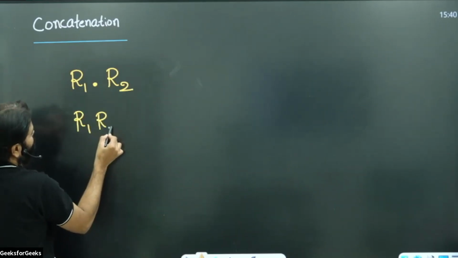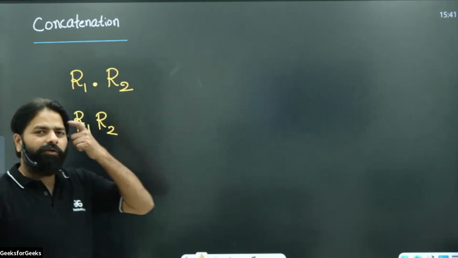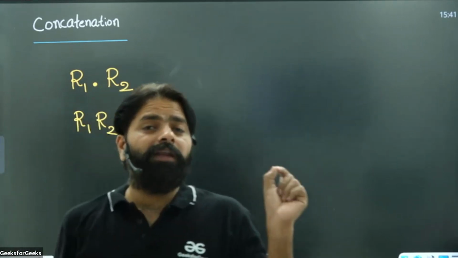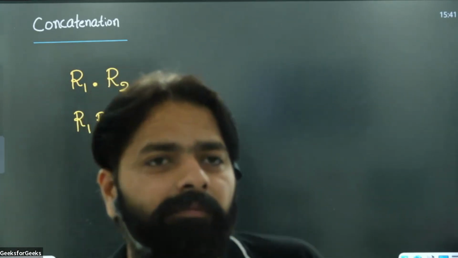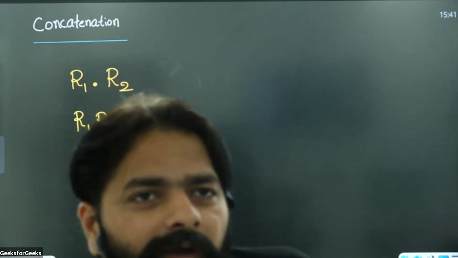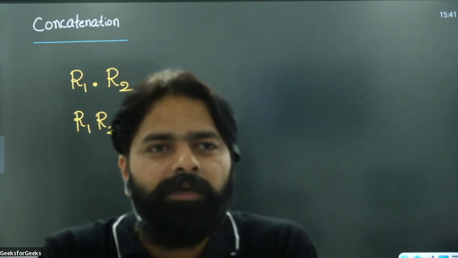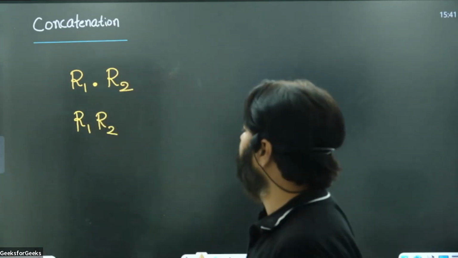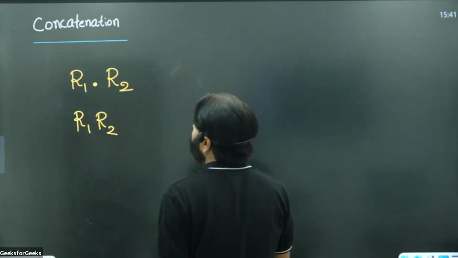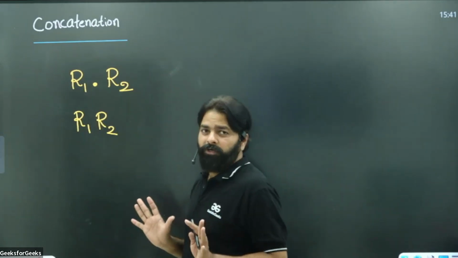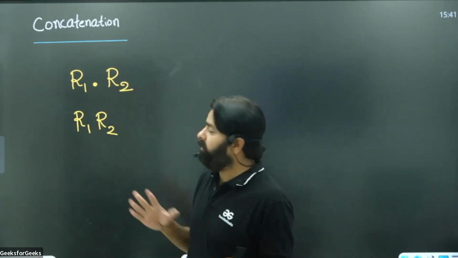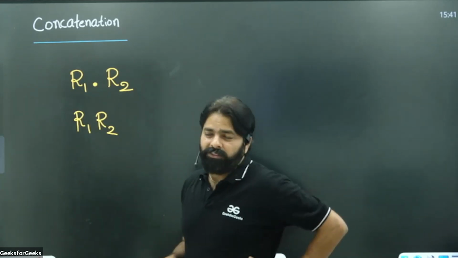Both have the same meaning. Like in mathematical expressions, you write A into B or AB, which is multiplication, right? Our concatenation looks like a product, but it is not a product. Mathematical product is different. Concatenation is different.